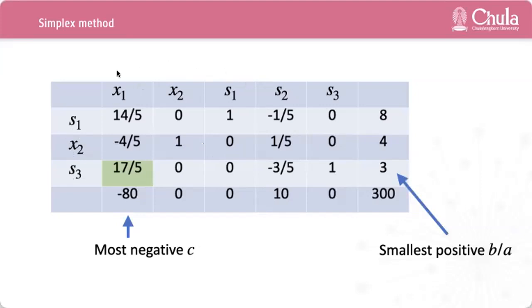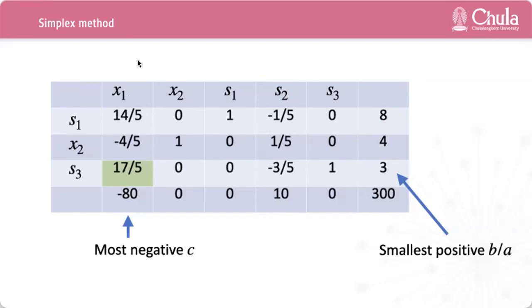From the column of X1, we don't care about it, and also the column of S2, we don't care about it. It can be anything because our non-basic variables we treat them to be zero anyway, right? So this one becomes zero. Not the coefficient, I mean the value, the variable term with the coefficient.